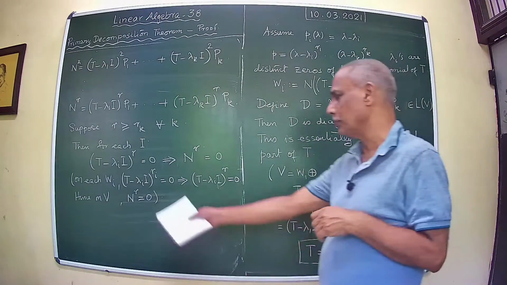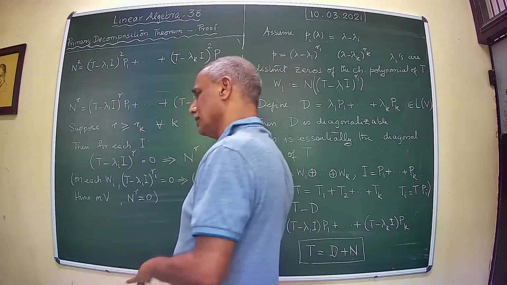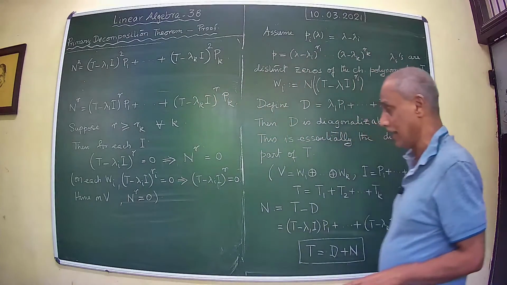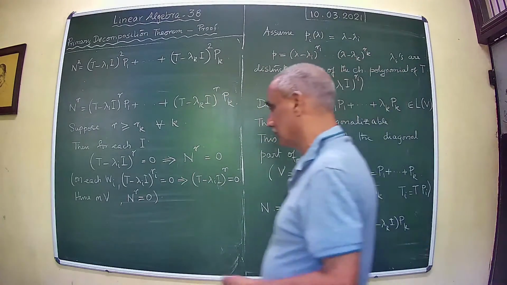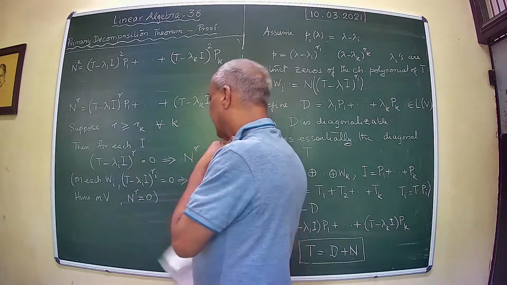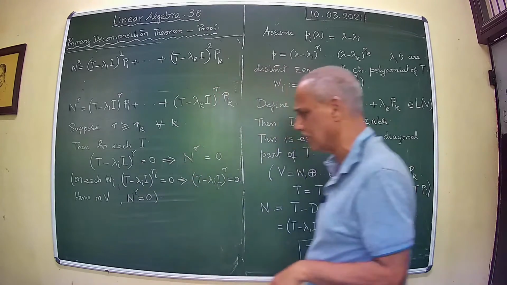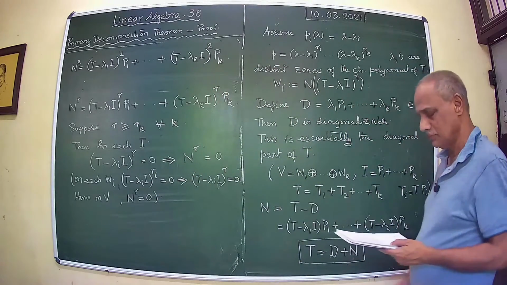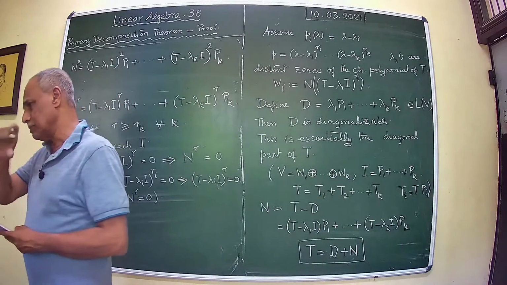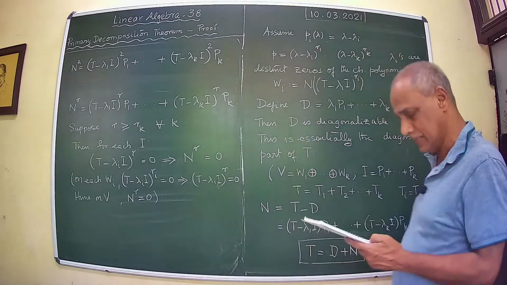So you see N to the power r equal to 0 means N to the power r plus 1 is 0 for all higher values, say m, N to the power m is 0 as long as m is greater than r. So from some stage onwards, the powers are going to be 0.